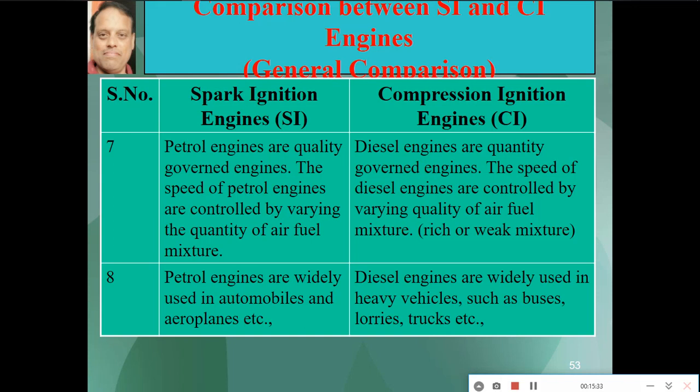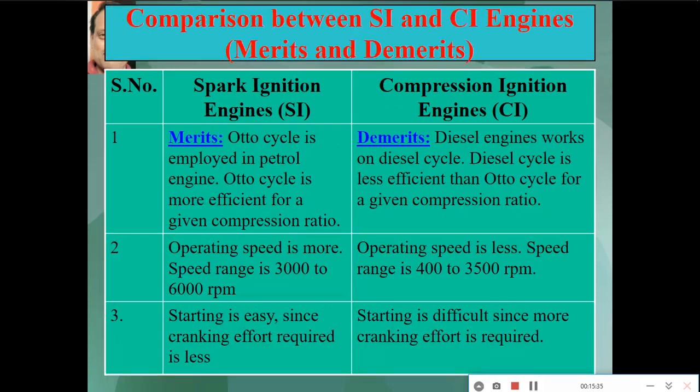Quickly, we'll see the merits and demerits here. It cannot say that speed range is the merit, but operation wise less and less wear and tear is created in case of the spark ignition engine, whereas the compression ignition requires more servicing and caretaking, but it is very efficient in case of load capacity.